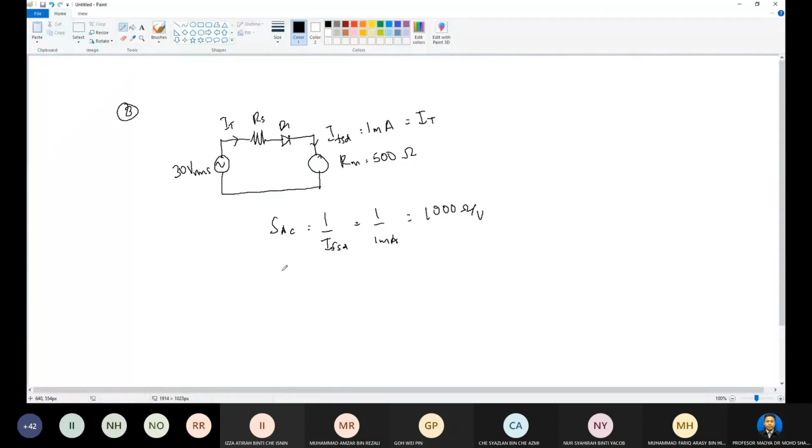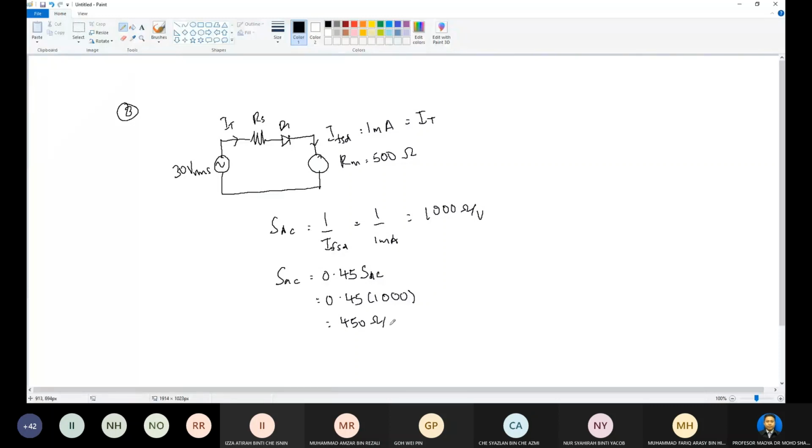Then to calculate the sensitivity for AC, you have to remember this formula: 0.45 multiplied by the sensitivity for DC. So 0.45 multiplied by 1000, and the answer will be 450 ohms per volt.